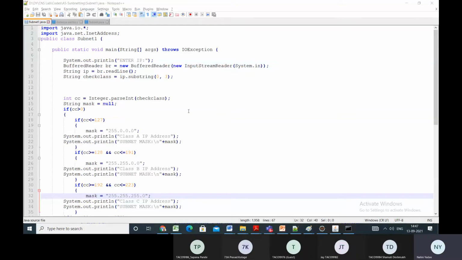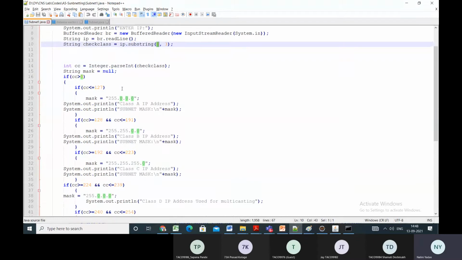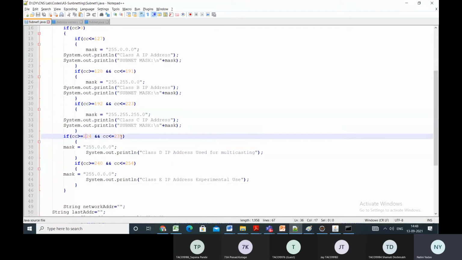Okay, so over here you can see the code in which we are first taking the IP address from the user, right? And then checking the class related to that IP address. Whatever IP address is entered by the user, its first byte is extracted, and that first byte is checked against 127, then 128 to 191, then 192 to 223, 224 to 239, and 240 to 254.